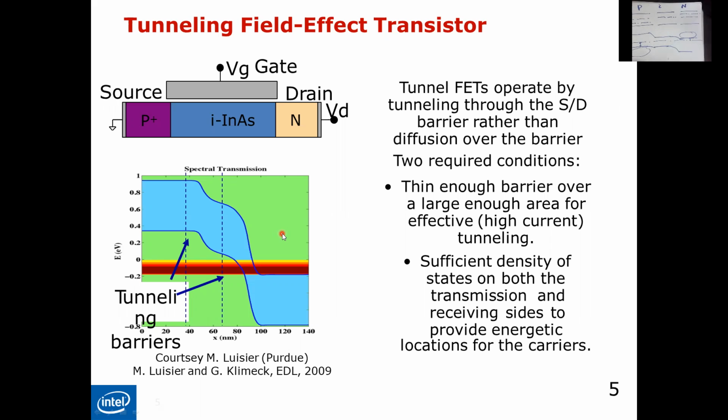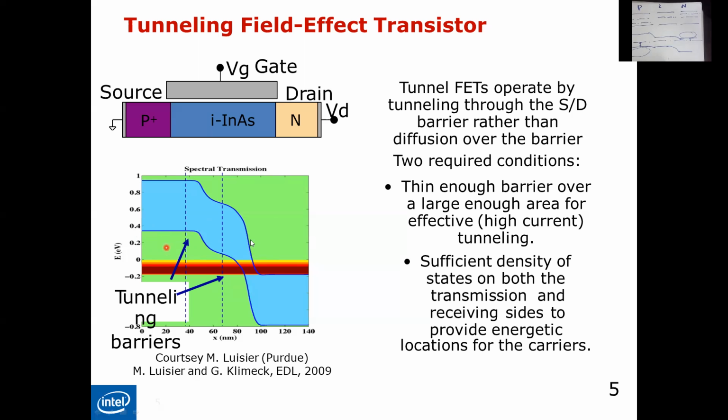Whenever these regions become aligned, if you have a very large amount of energy, electrons here in the valence band of the p-type region can tunnel through the channel, which is this blue area, and jump to the green area, which is the conduction band of the n-type region.